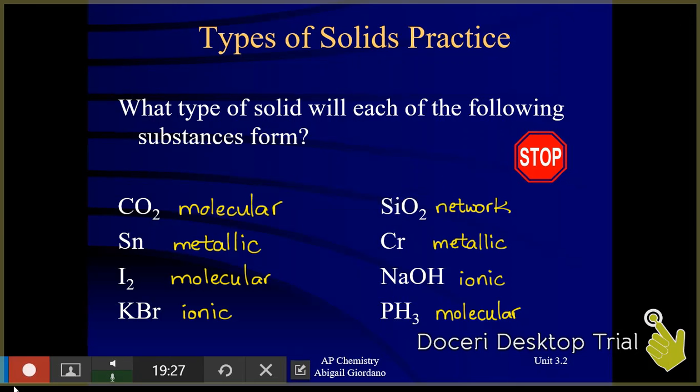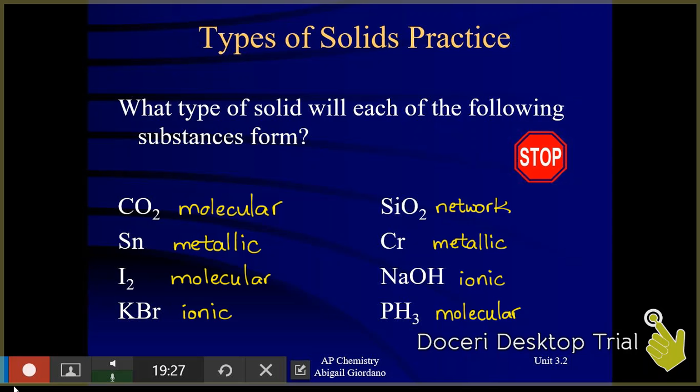Hopefully you can read my handwriting. So remember, molecular just means covalent. So if you see two nonmetals, you know it's covalent. Silicon dioxide is a network solid. Remember I said a lot of compounds that involve silicon or boron are often network covalent.